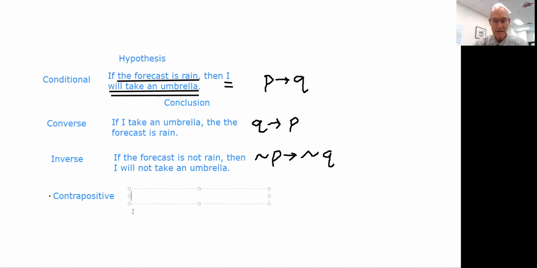So it would say, if I do not take an umbrella, then the forecast is not rain.